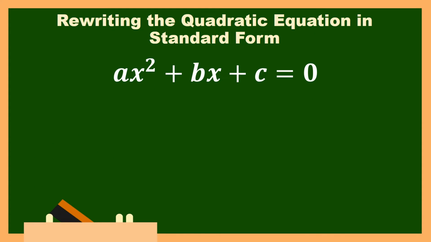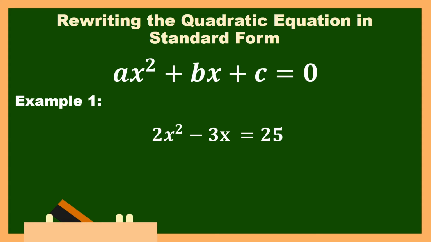Ngayon, paano naman natin isusulat sa standard form ang quadratic equation? Tandaan na ang standard form of the quadratic equation ay in the form of ax squared plus bx plus c equals 0. Okay, for example, 2x squared minus 3x equals 25.